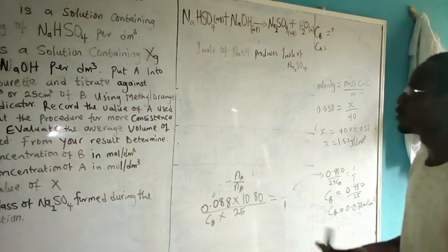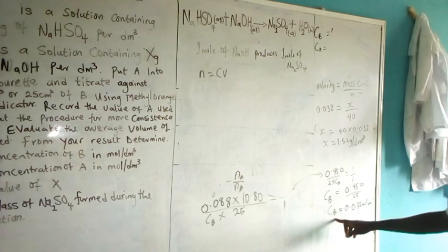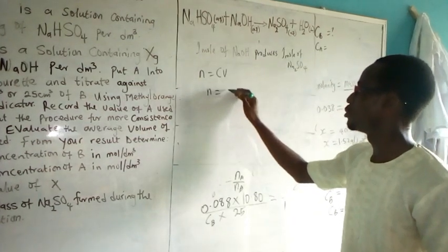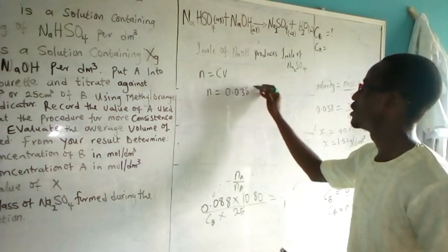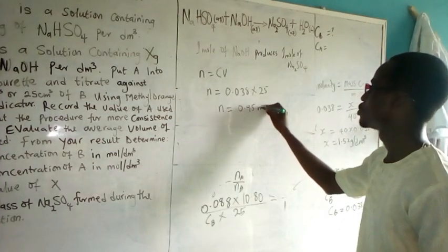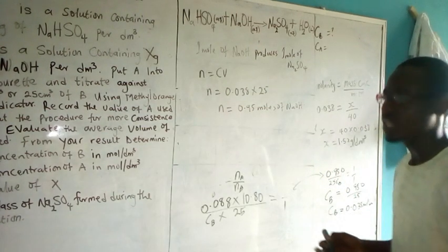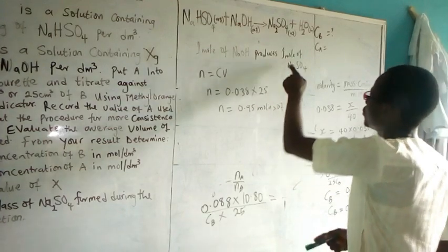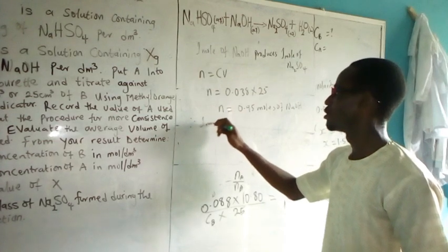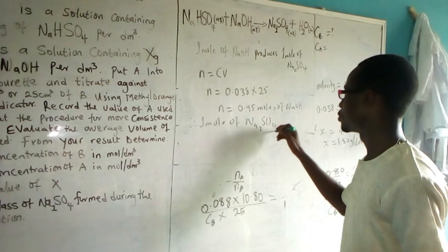Don't forget that number of moles is equal to concentration times volume. The concentration of B is 0.038, so n will be 0.038 times the volume of pipette used. So we have 0.95 moles of NaOH. Since 1 mole of NaOH produces 1 mole of Na2SO4, we are going to have 1 mole of Na2SO4 produced as well.